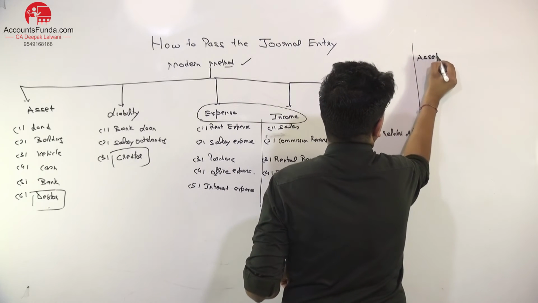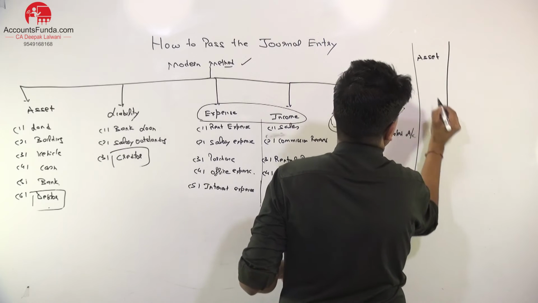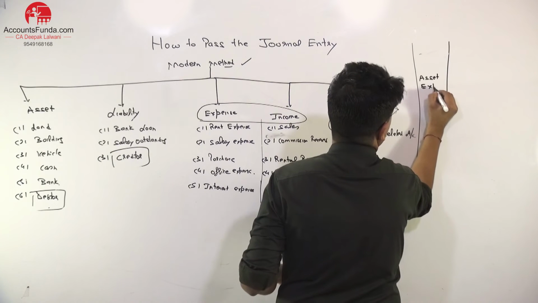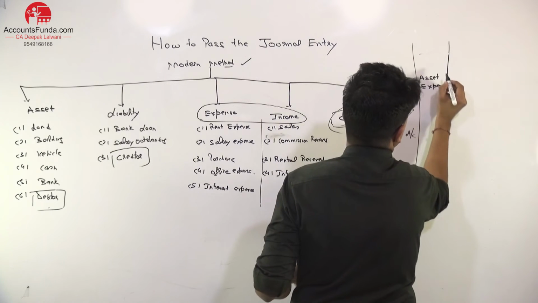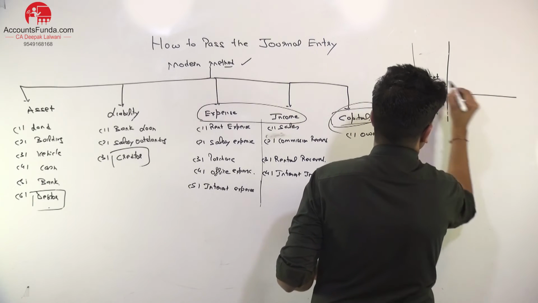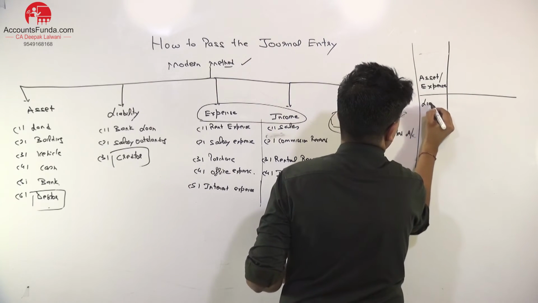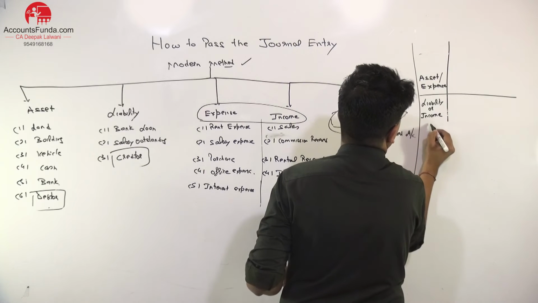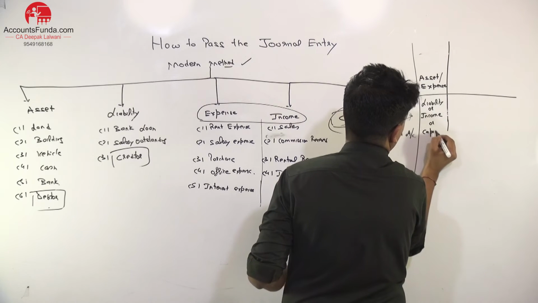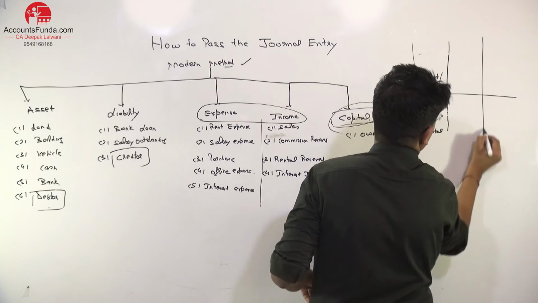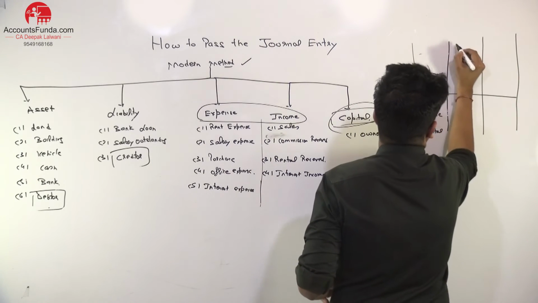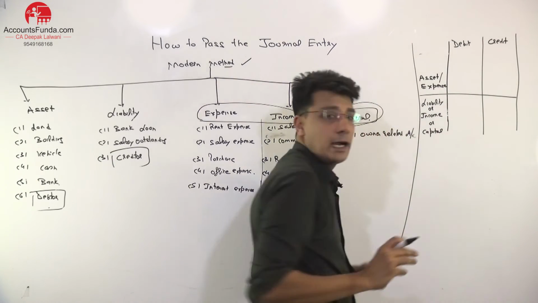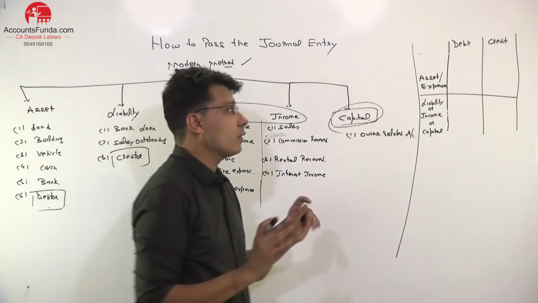Asset, expense, liability or income or capital. Debit, credit. What is debit or credit? I will explain in detail what is debit and what is credit.